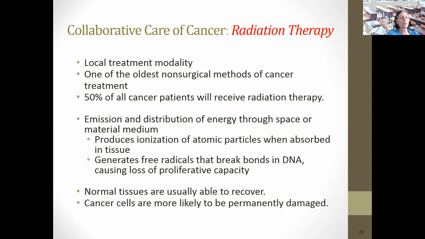That generates some free radicals that break the DNA bonds and break down the cancer DNA, causing the cancer to not reproduce. But remember, it's going to affect all cells, so normal cells can also be affected. Normal cells usually recover, though, because the body doesn't filter them out and all that. Cancer cells are more susceptible to ionizing radiation than normal cells are.